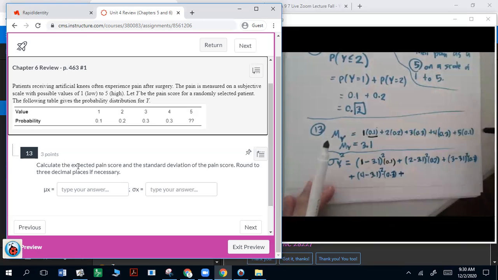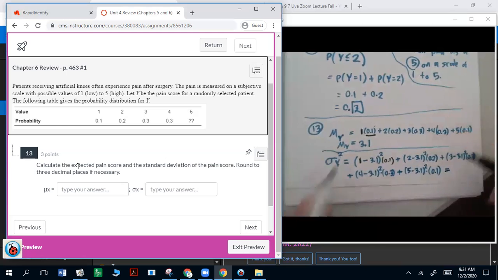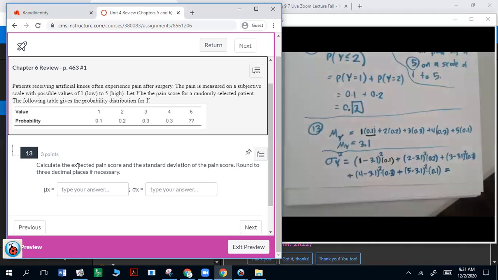And then 5 minus 3.1 squared times its probability, which is 0.1. And that's going to get you your variance. So let's do that. And pause that here to write that down if you need to. Make sure I have all the right numbers.